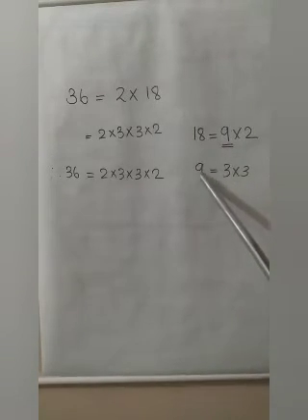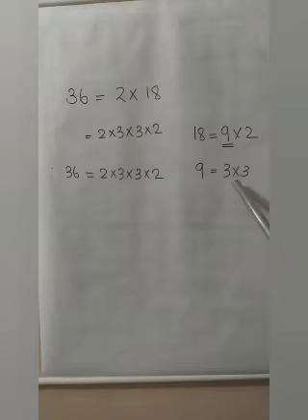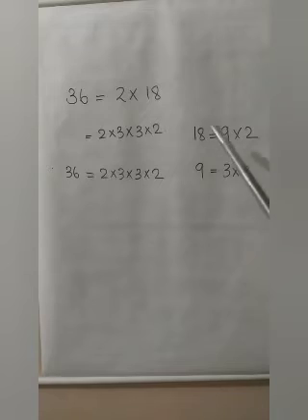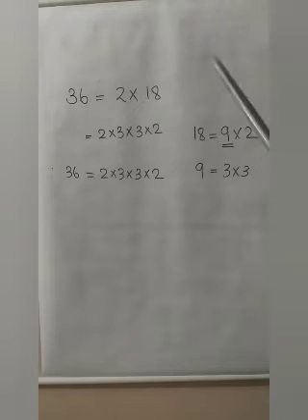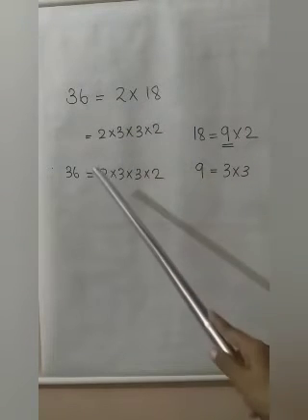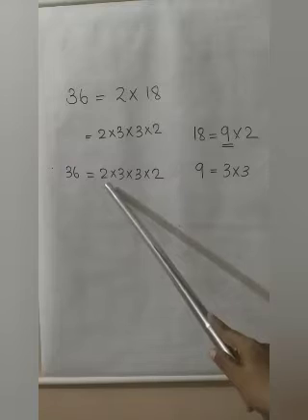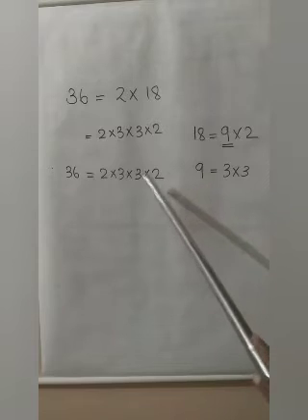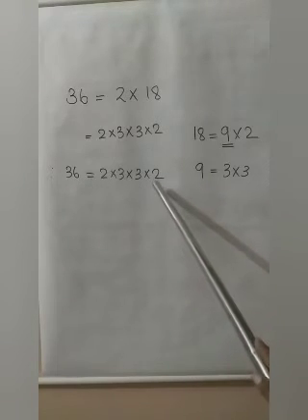This 9 I can again factorize into 3 into 3. Now I have factorized all the composite numbers. So instead of 18 I write 9 into 2, and instead of 9 I write 3 into 3. So I factorize 36 as 2, this 2 written the same, then 3 into 3 instead of 9, then this 2, which is a prime. So I wrote one prime factorization.